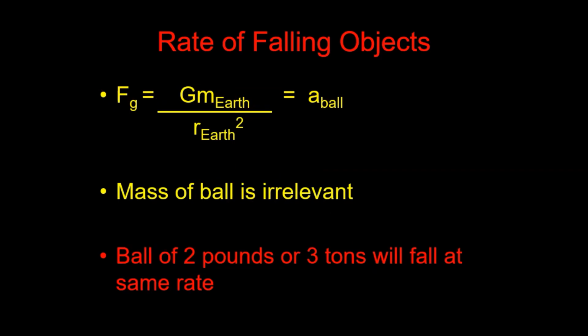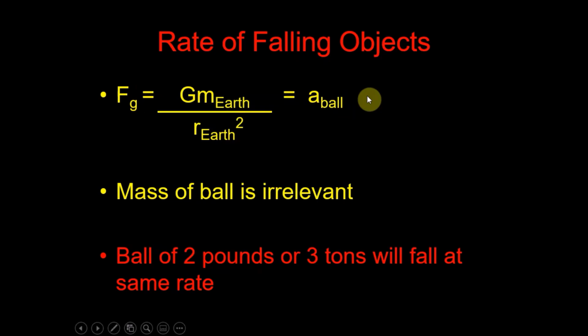So this means that if we are dropping a ball towards the surface of the Earth, then the mass of that ball doesn't matter, and all that really factors in here is the mass of the Earth, and of course it would be at some altitude above the Earth, but adding a few meters on compared to the radius of the Earth would be irrelevant. So our expression becomes GM over r squared, which gives us the acceleration of the ball.